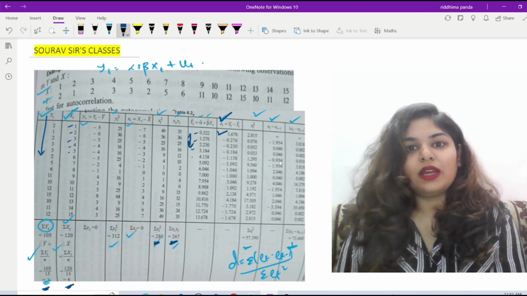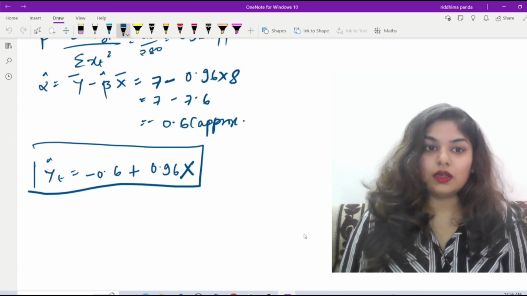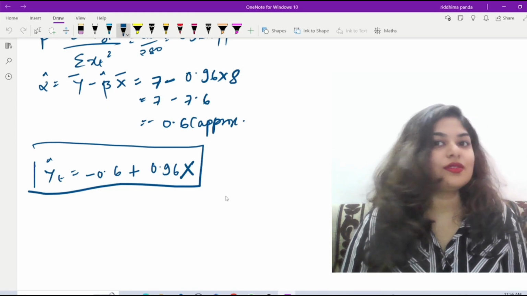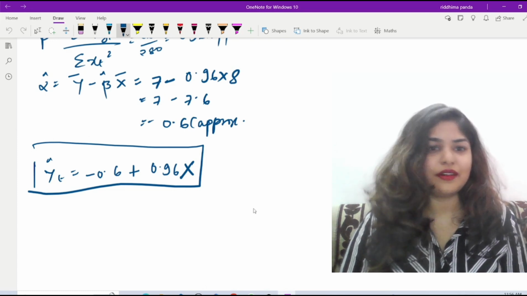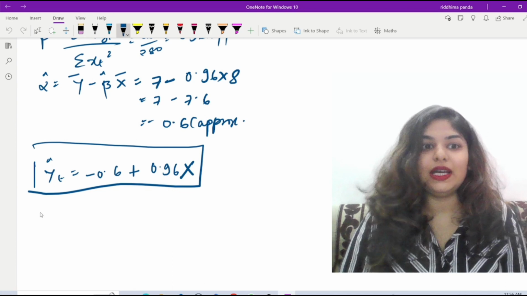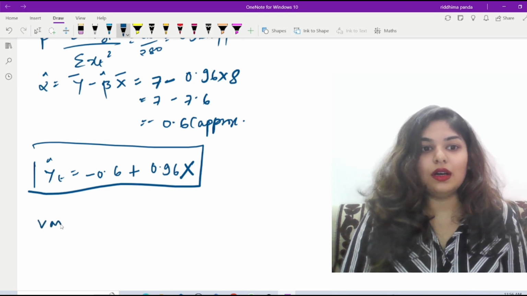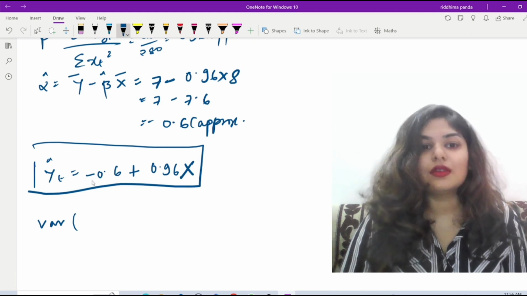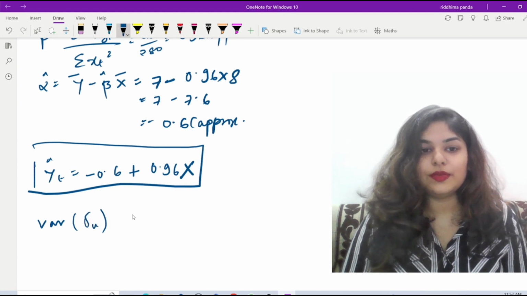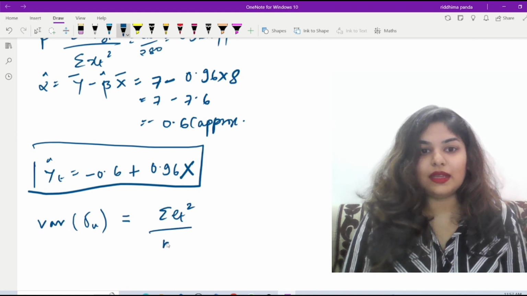In this model we actually have to calculate d star and test the hypothesis. It's not necessary to find the standard error, but if you have to calculate the standard error of beta hat, first we need the variance. The variance of sigma u is summation e_t square by n minus 2.